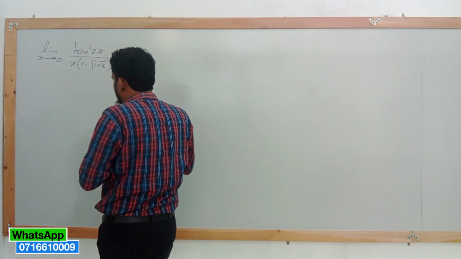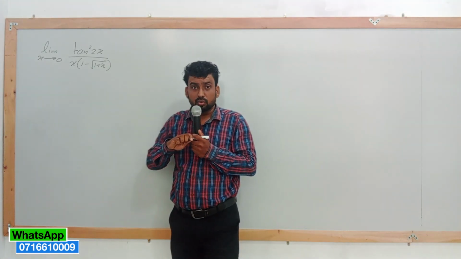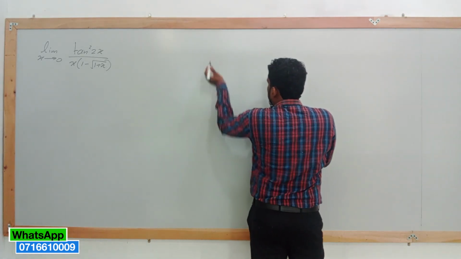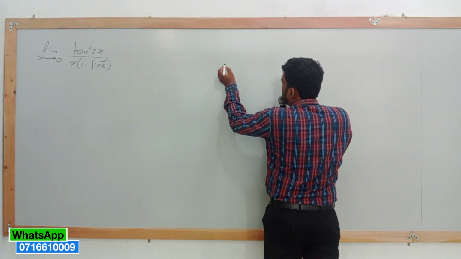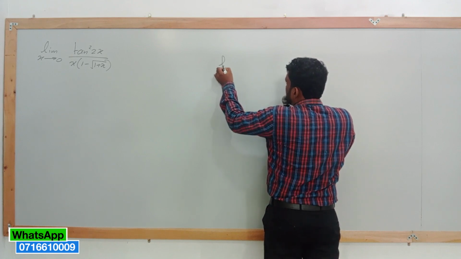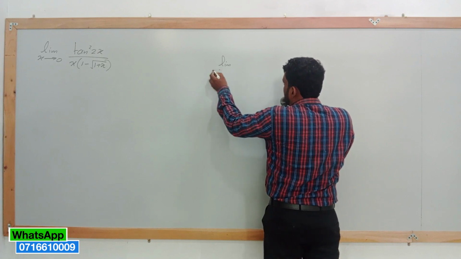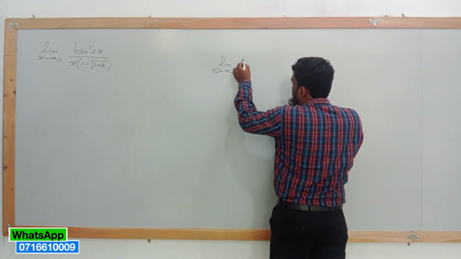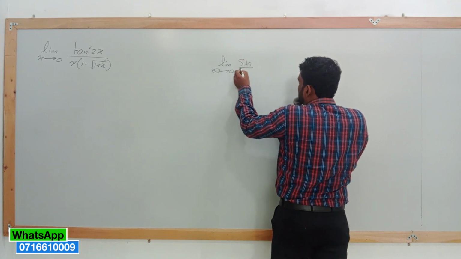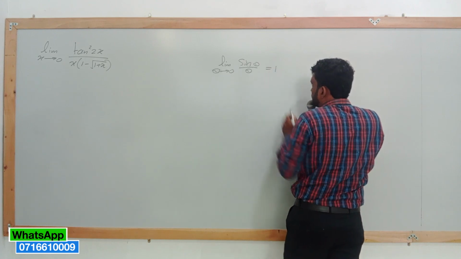Right, we have to plan. What is the plan? We have two theories. One is the trig theory: limit theta goes to 0, sine theta divided by theta equals 1.